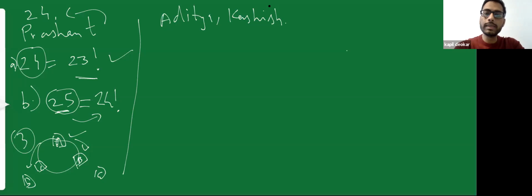So in circular permutation, what you have to do is consider at least one position to be fixed. That is the reason why the formula comes as n minus 1. If there are 25 people, at least one position is to be fixed, so that I can have 25 minus 1, which is 24 factorial as my answer.